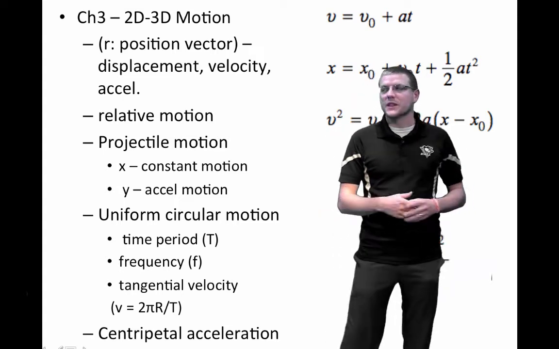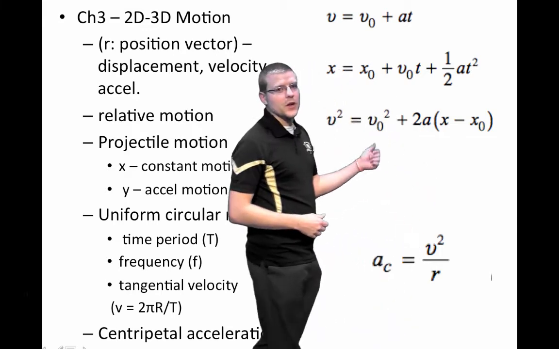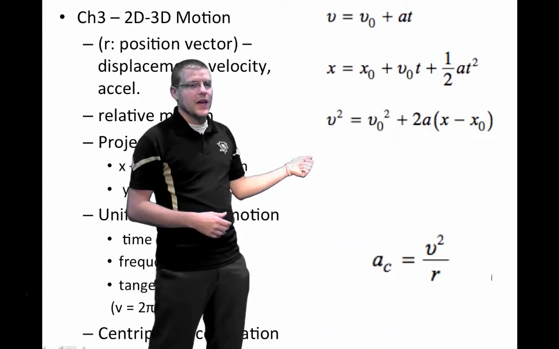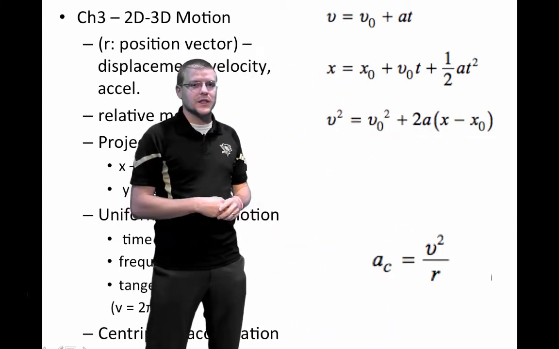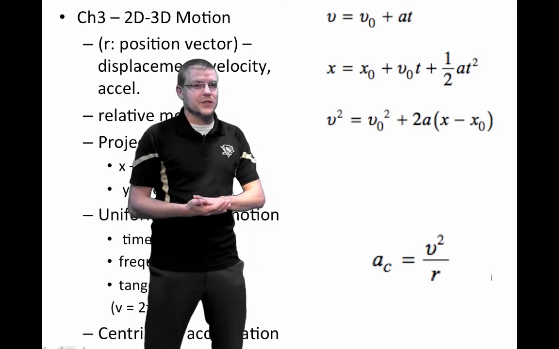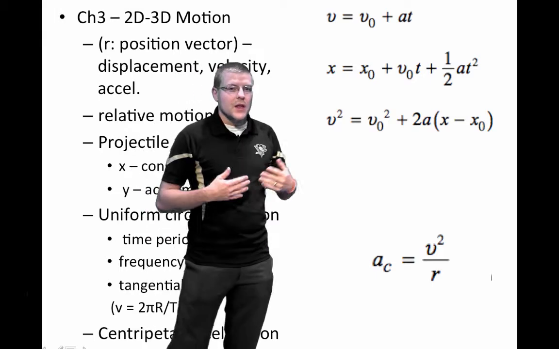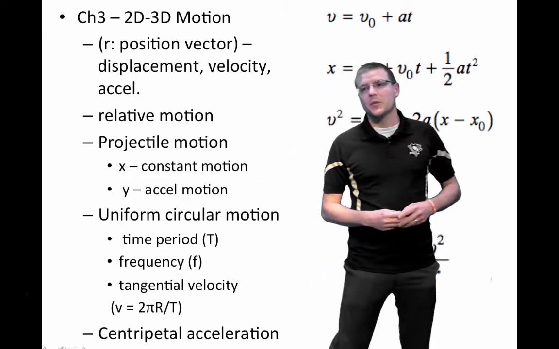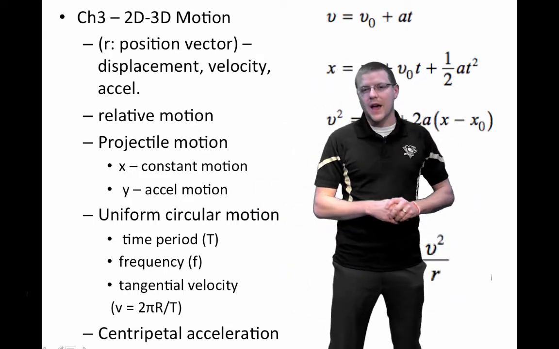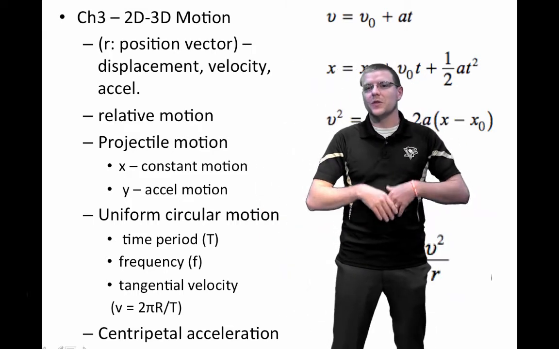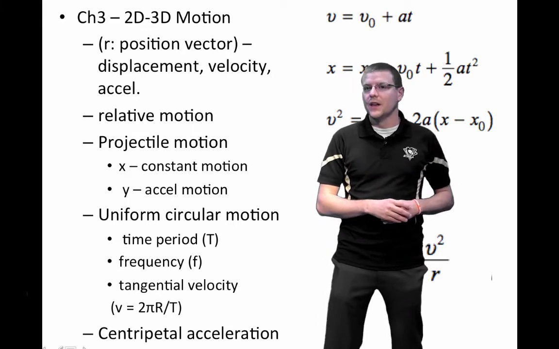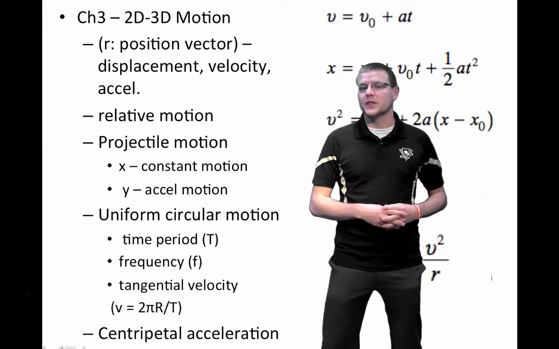That then took us into projectile motion, where we used all of our kinematics equations again, and we looked at that in 2 directions. We looked at projectiles in the X direction and the Y direction. The nice thing about projectiles is they are completely independent of each other. So as you move in the X direction, you're moving at nice constant velocity. You're just basically following your inertia.